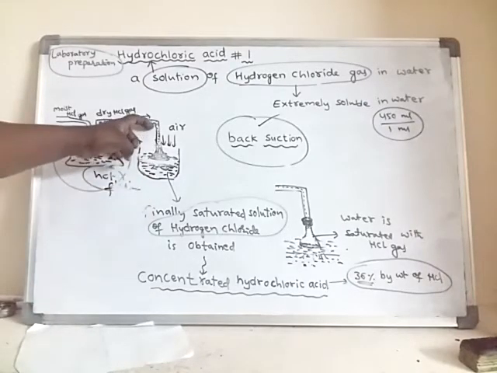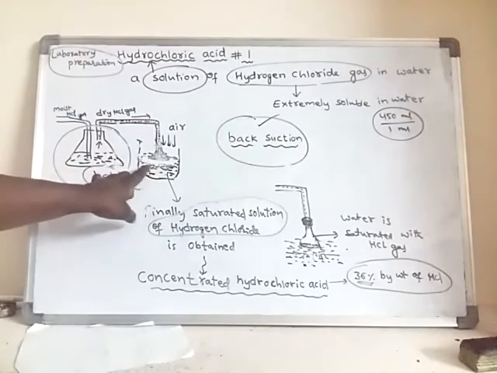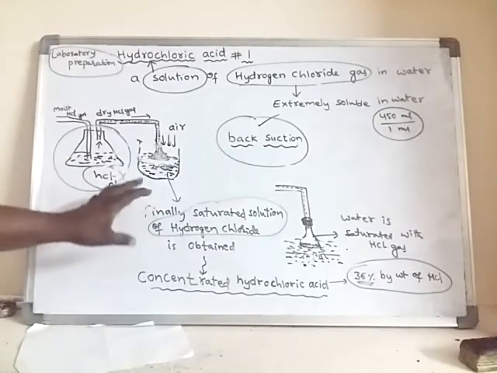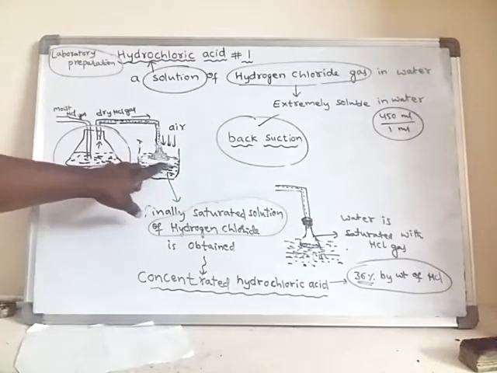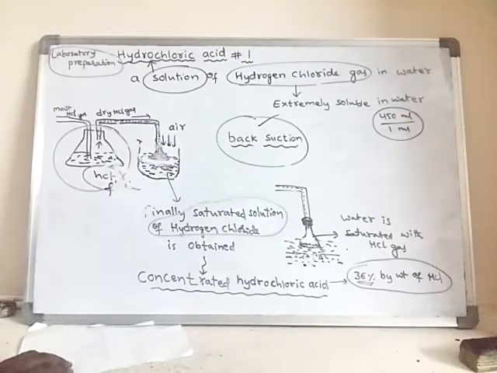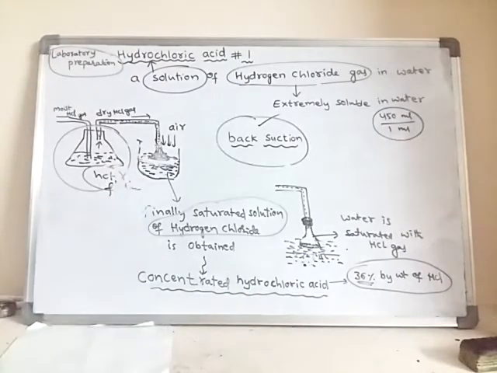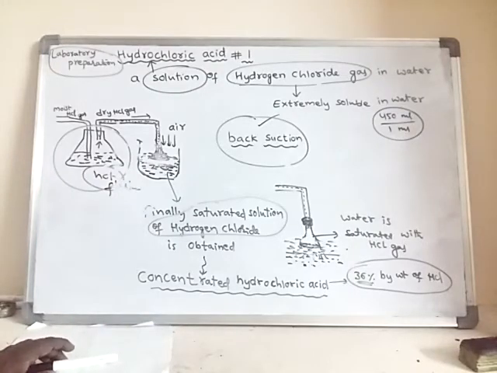If a large amount of hydrogen chloride is absorbed, the solution quickly becomes saturated. So by using this inverted funnel, water can be converted into a saturated solution of hydrogen chloride, or concentrated hydrochloric acid, quickly, because it provides a large surface area for the dissolution of a large amount of hydrogen chloride gas into the water.